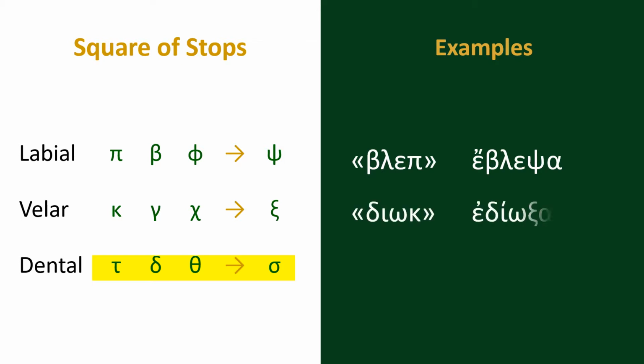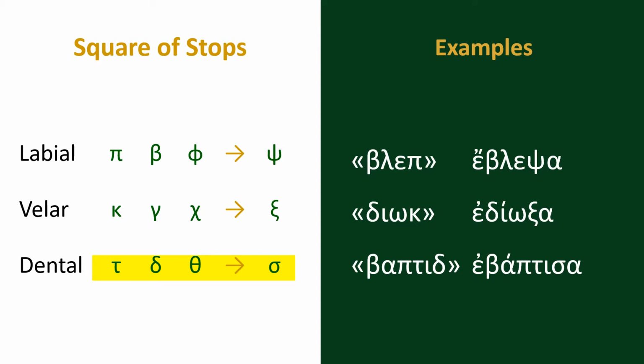Secondly, using the stem diok, which ends in the velar kappa, when the tense formative sigma is attached, kappa sigma changes to xi, yielding ediōxa, I persecuted. And finally, baptid is a good example of a stem ending in a dental. When the tense formative sigma alpha is attached, the final dental, which is actually delta in this instance, drops out. Hence we get ebaptisa, I baptized.